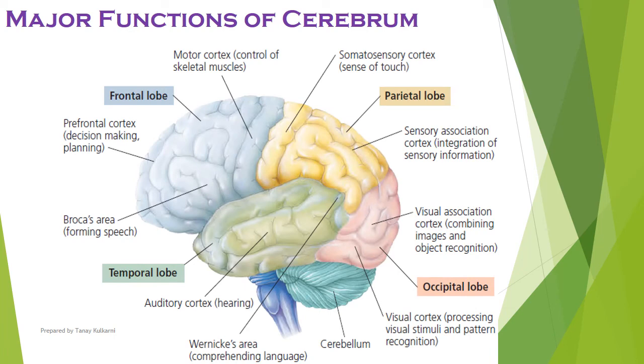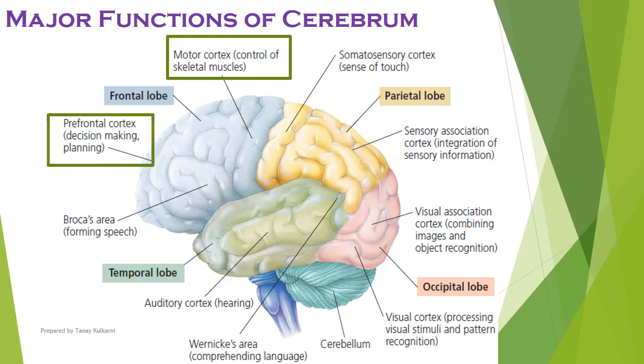Now let's go to the next point, that is functions of cerebrum. To explain this in detail, I want you to note down these lobes of cerebrum: frontal lobe, parietal lobe, occipital lobe and temporal lobe. What is frontal lobe? The front part of our brain, and it controls your skeletal muscles, helps in decision making and planning.